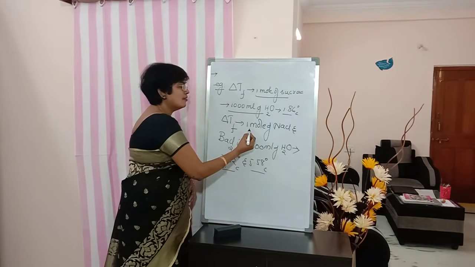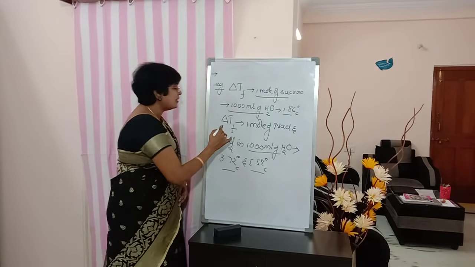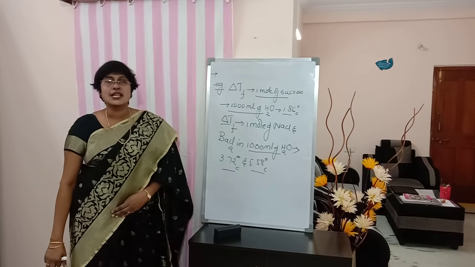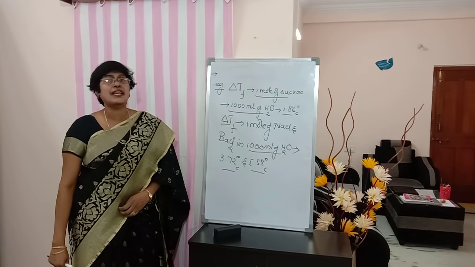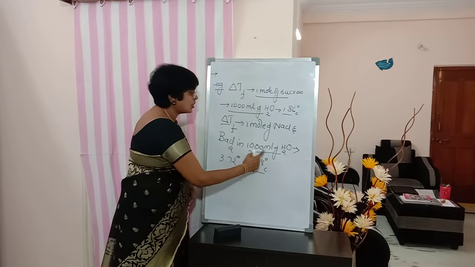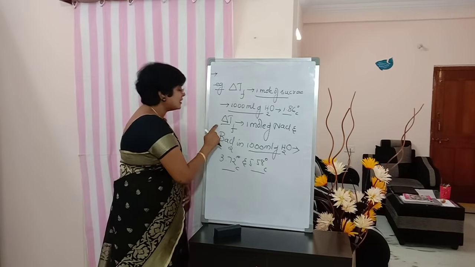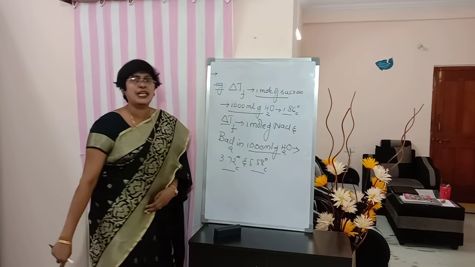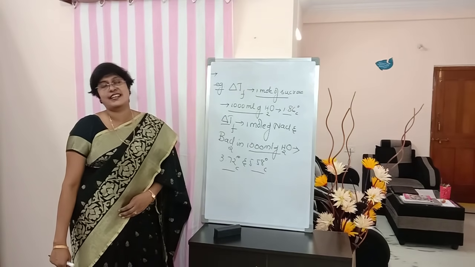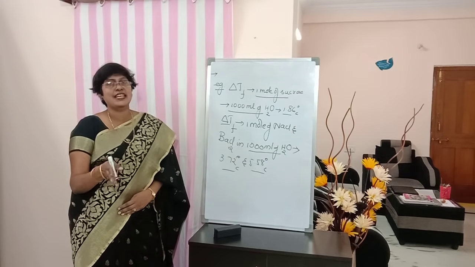Next, 1 mole of NaCl taken in 1000 ml of water. When we tried to calculate delta TF, it was found to be 3.72. That is the solution of NaCl. Next, when we have taken 1 mole of BaCl2 in 1000 ml of water, its delta TF value was found to be 5.58 degrees centigrade. So BaCl2 is greater than NaCl.